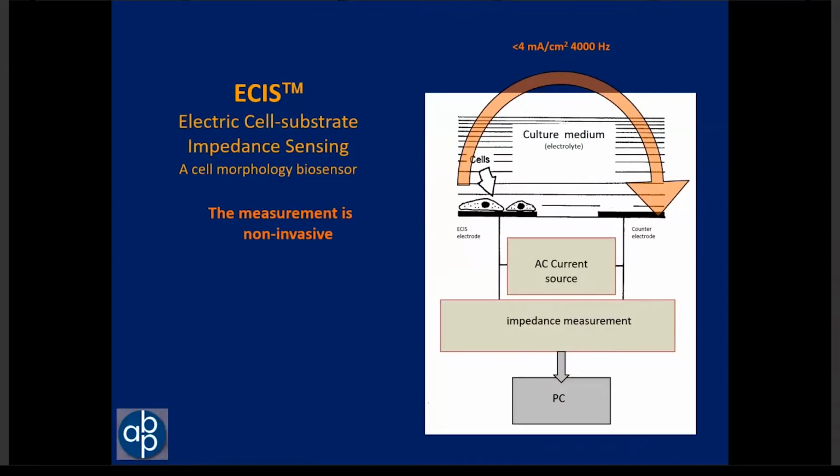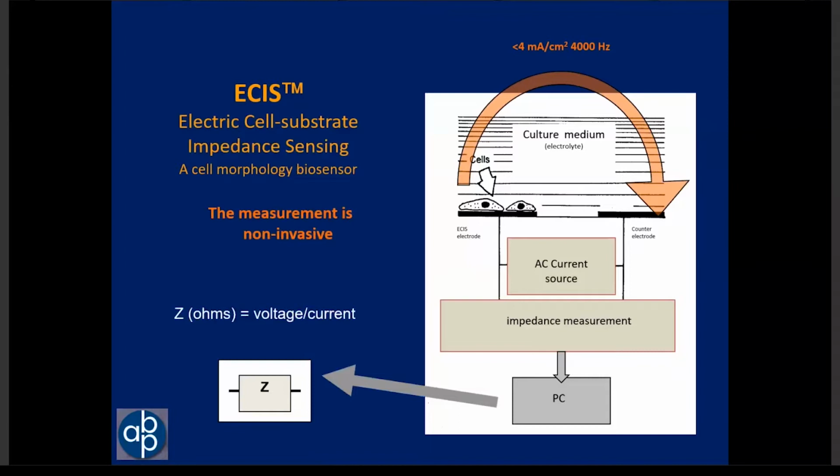But they do alter the impedance. If we apply a known current and monitor the voltage, we can take the voltage, divide it by that current, and we come up with the impedance, which is measured in ohms. And this is just an AC equivalent of Ohm's law from Physics 1.